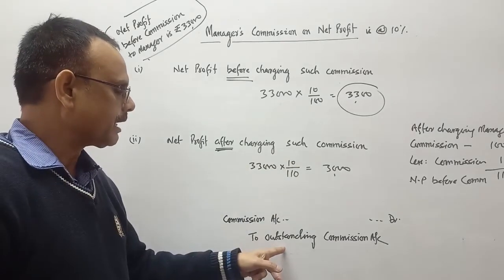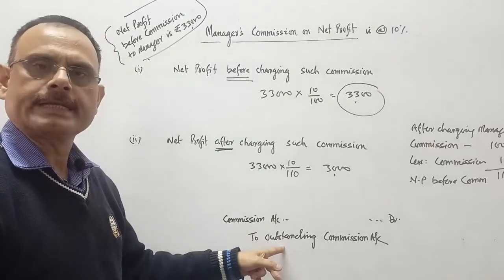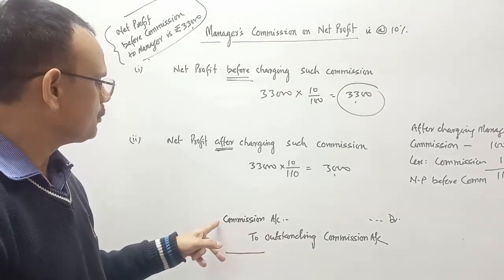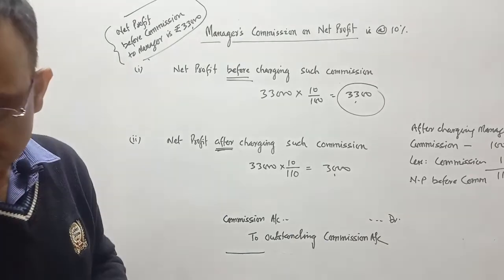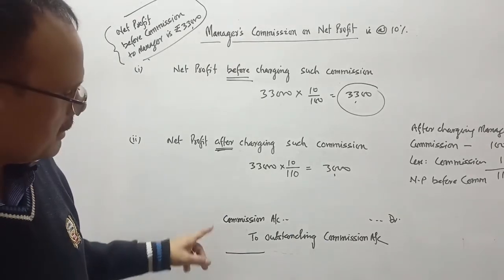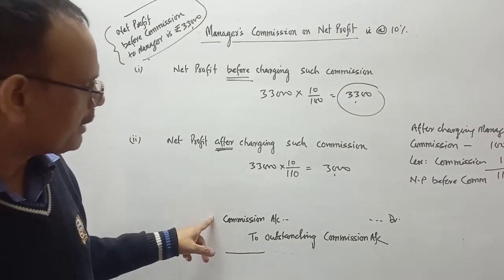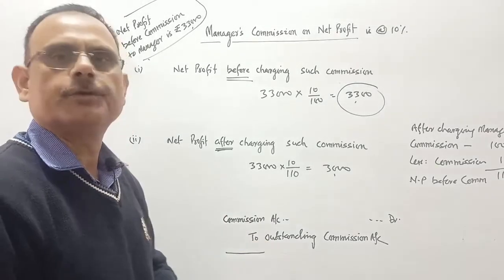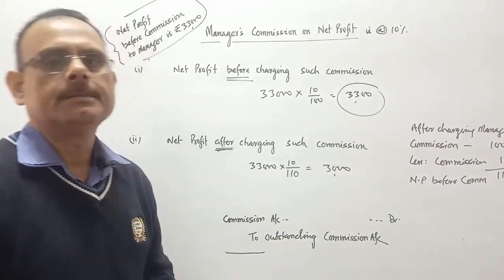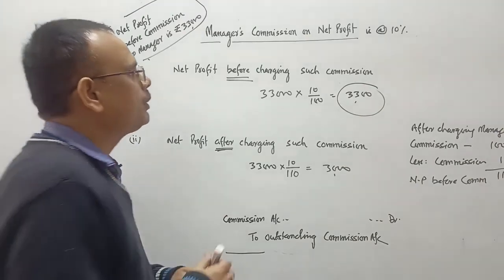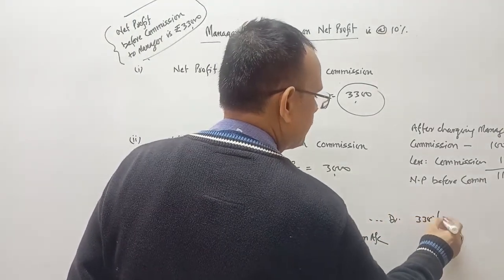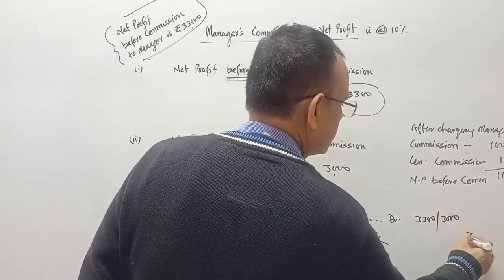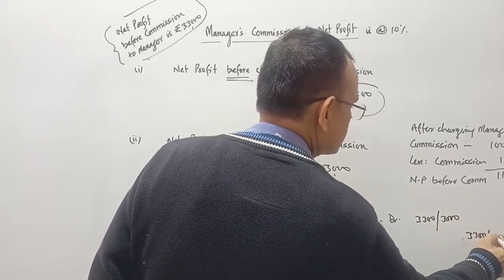And this outstanding commission will be reflected on the liability side of the balance sheet, and this commission will be shown on the debit side of the profit and loss account, depending upon the way you are calculating. It may be 3,300 or it may be 3,000.